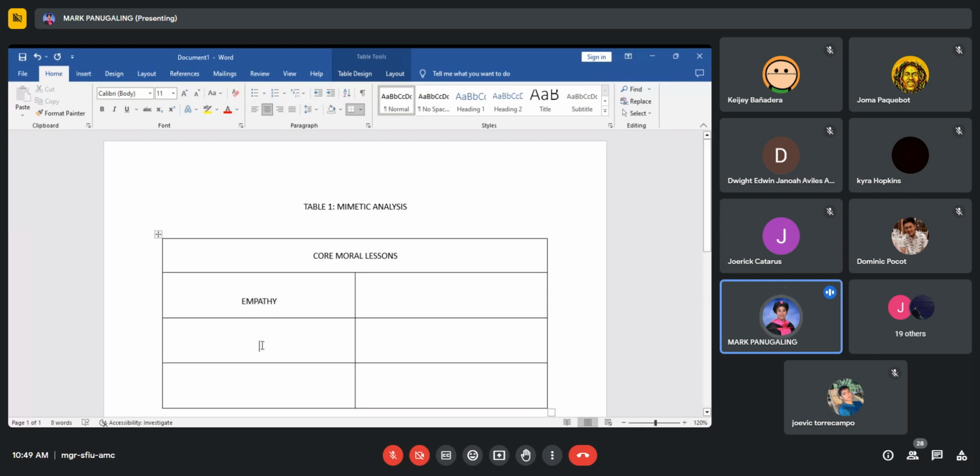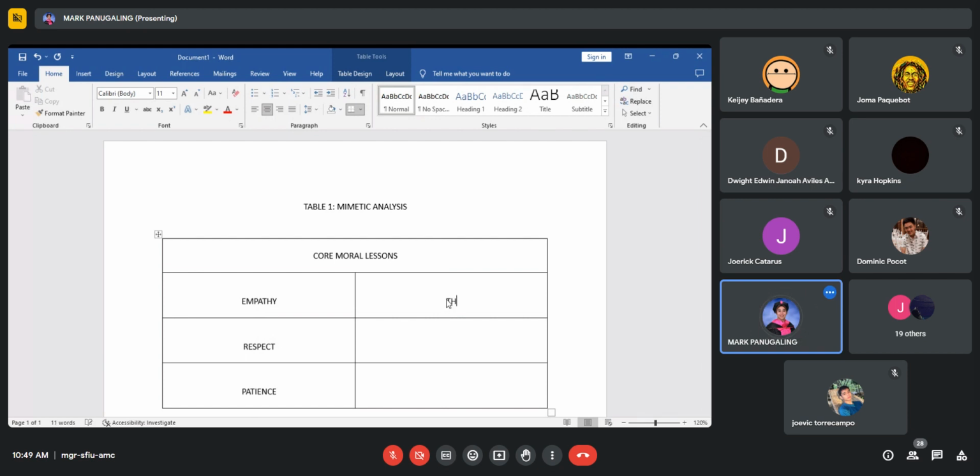Next here, just for example. What other lesson? Empathy. The next one, love is not a moral lesson, respect. Last moral lesson is patience.